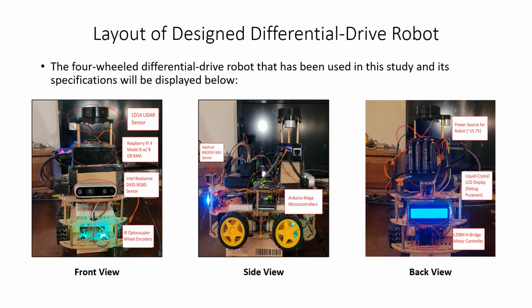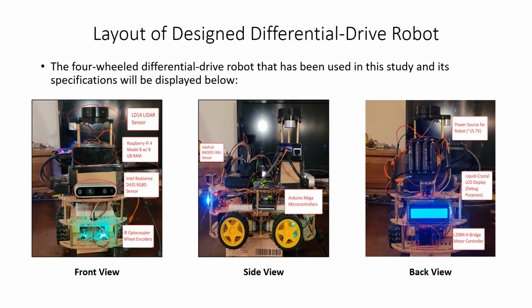Moving on to the layout of the differential drive robot, we can see that the robot is equipped with multiple different sensors, among other devices, that allow it to achieve autonomous navigation, amongst other capabilities. It is equipped with the LD14 LiDAR sensor, a Raspberry Pi 4, an Intel RealSense D435 RGBD camera sensor, infrared wheel encoders, a 6 degree of freedom IMU, or inertial measurement unit sensor, and an L298N H-bridge motor controller.